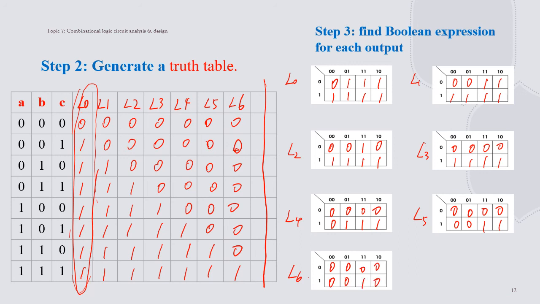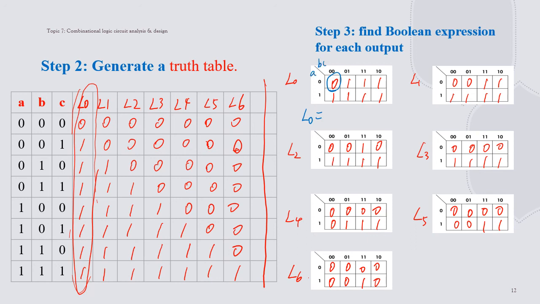Okay, then next step is to group them. If you check L0, you can group the 1s. But what's the other option? Instead of POS, we can do SOP, and there's only one group. This is much easier to do, right? So we can directly write L0 equal to, now this is POS.